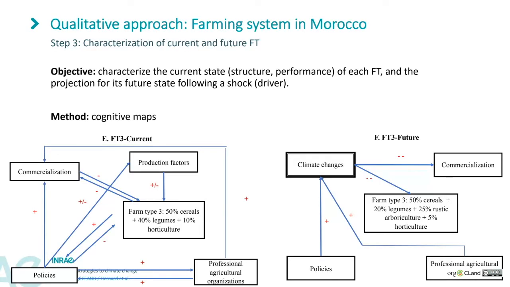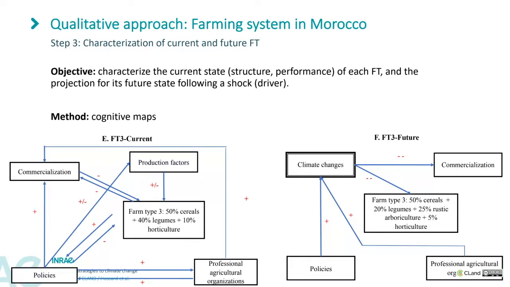It's a graph, a representation in which you have the concepts in boxes and the arrows are relationships, which can be positive or negative, between these boxes. We consider that one cognitive map is not dynamic, it represents an equilibrium. So you have here on the left, for farm type 3, the current one, and on the right the future.